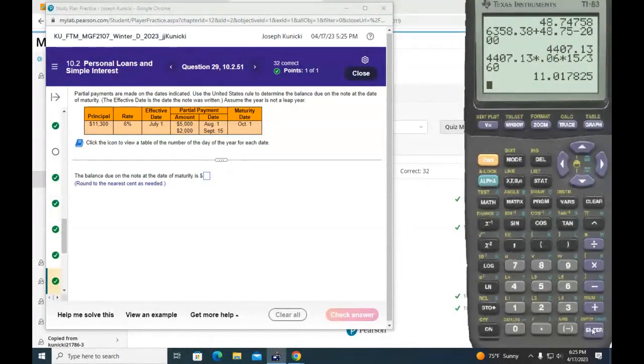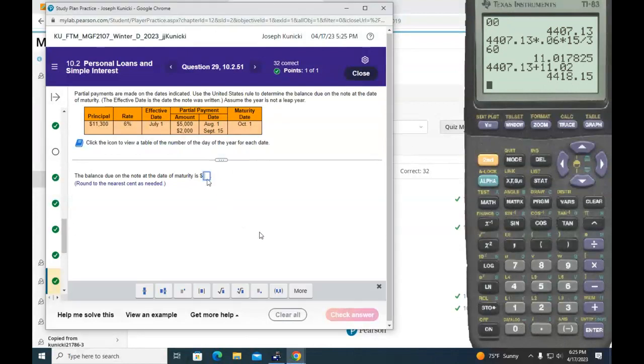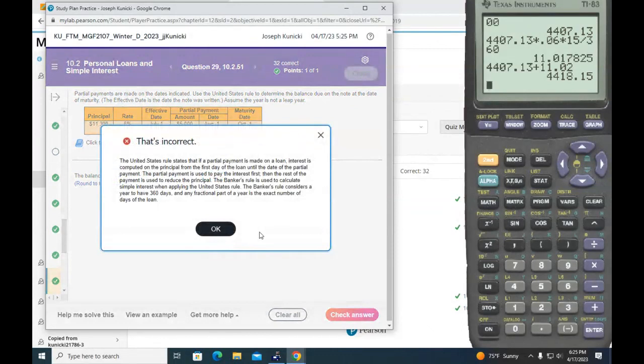Should be a small amount of interest. Yeah, $11.02. So I take the 4407.13 and I add 11.02, and I get 4418.15. Let's see if we made it correct.